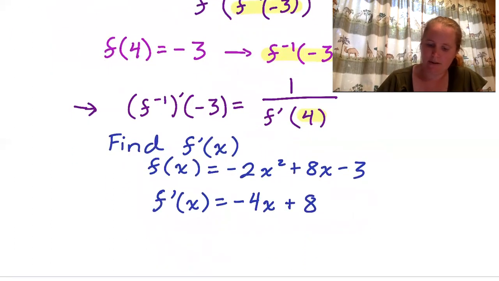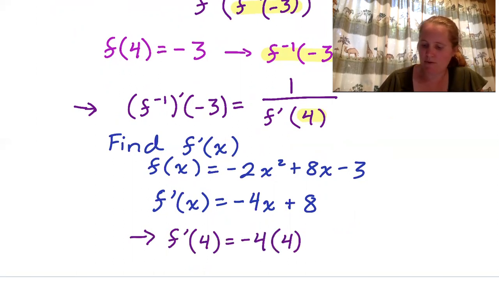And therefore f prime of 4 is negative 4 times 4 plus 8. That's negative 16 plus 8, or negative 8.